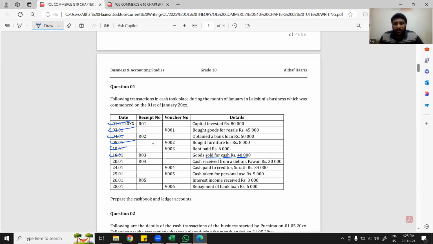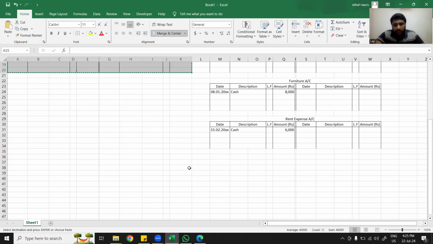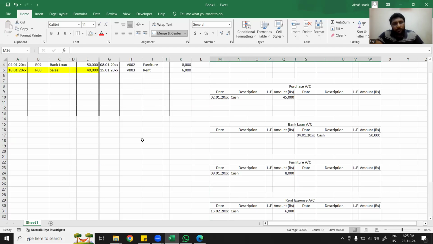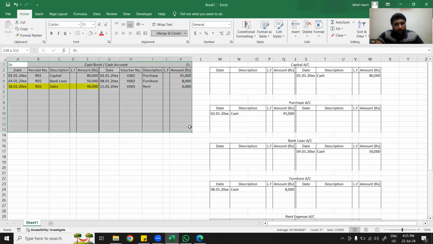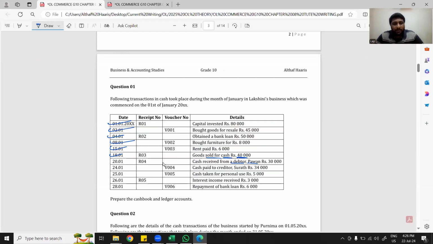Received from debtor, Pawan. You received some money. So let me put this one also to the other side. So when you receive money, cash is increasing. Cash increases, debit. How much is that? 30,000.